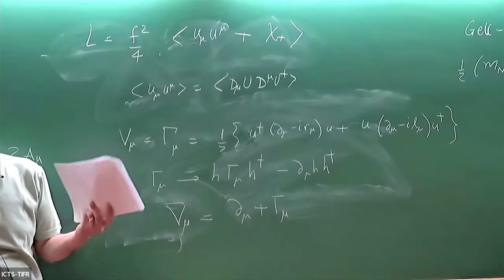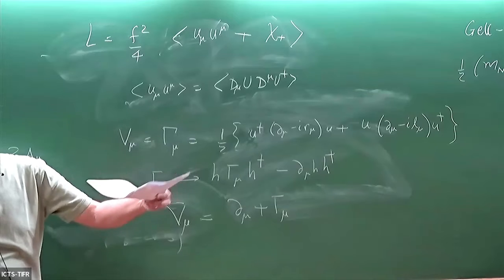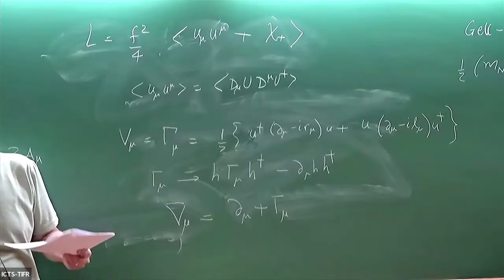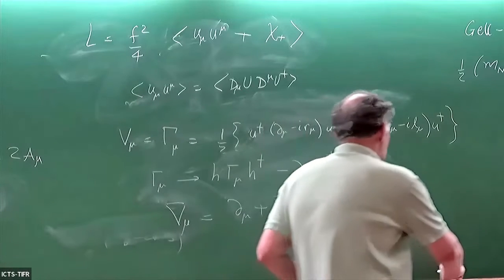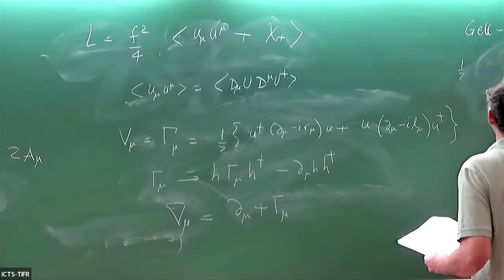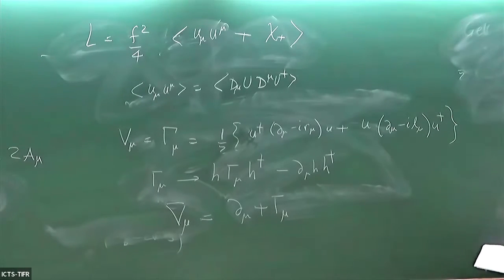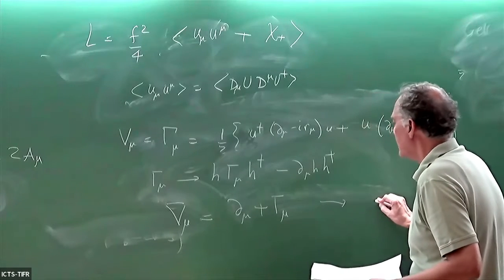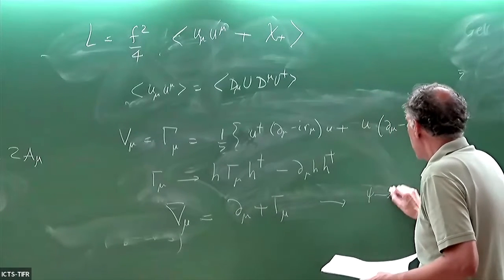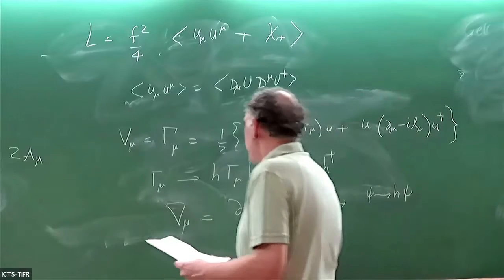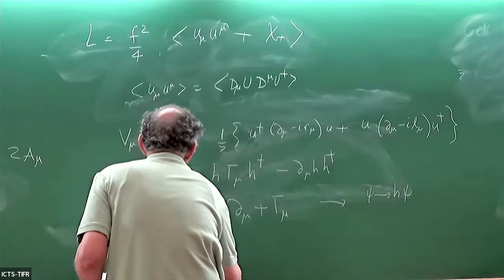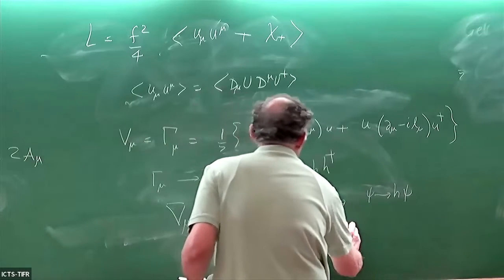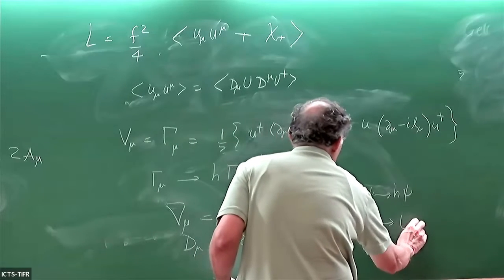Okay, so any questions? This just makes it easier for you to go look at what the papers do. So we have three kinds of covariant derivatives. We have this kind of covariant derivative, which acts on fields transforming like H. We have a D_μ, which is ∂_μ − i l_μ, a covariant derivative for ψ going to Lψ.